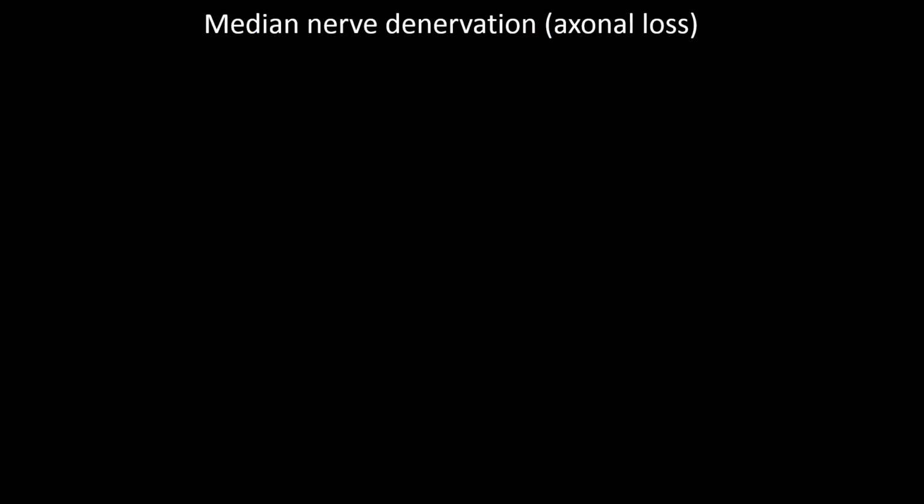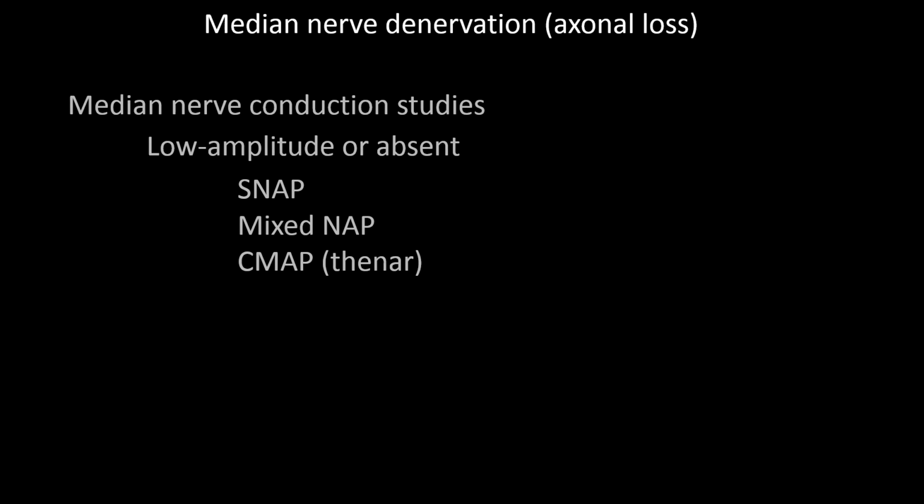The diagnosis of median nerve denervation, that axon loss has occurred, can be made based on median nerve conduction studies showing low amplitude or absence of potential following sensory nerve, mixed nerve, or compound muscle action potentials. But the most sensitive test for denervation is EMG.